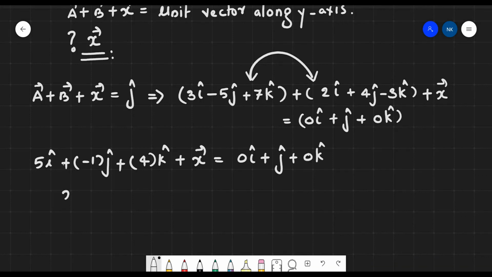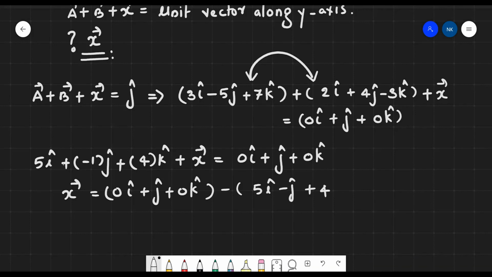Okay, so from here x vector is going to be 0 i cap plus j cap plus 0 k cap minus of 5 i cap minus j cap plus 4 k cap, isn't it?